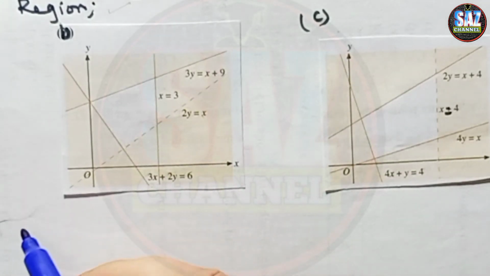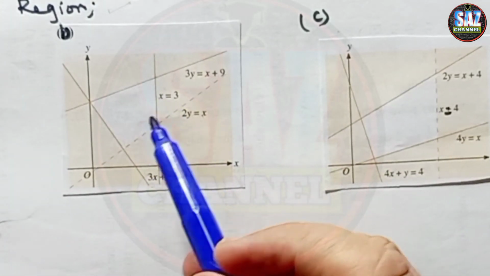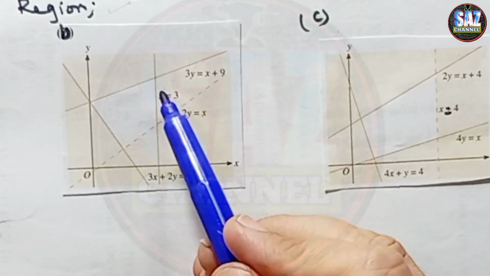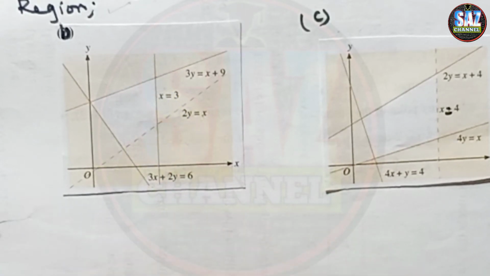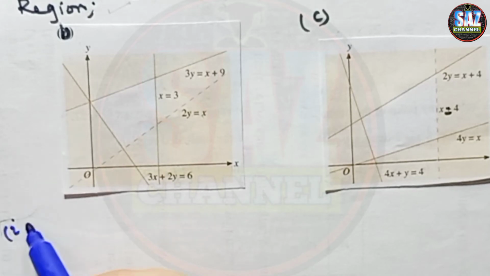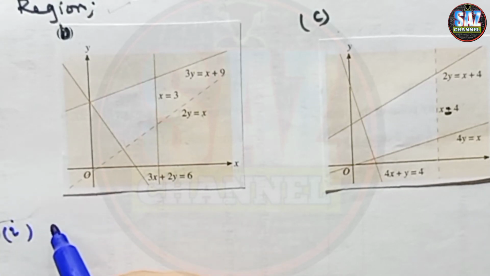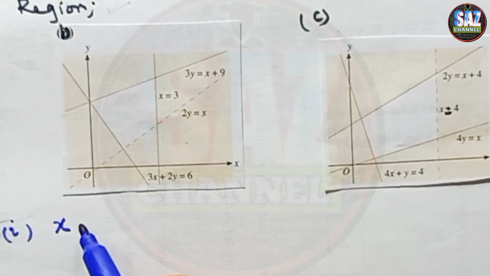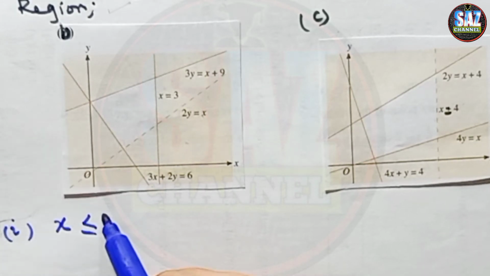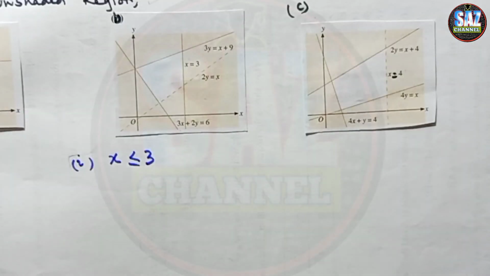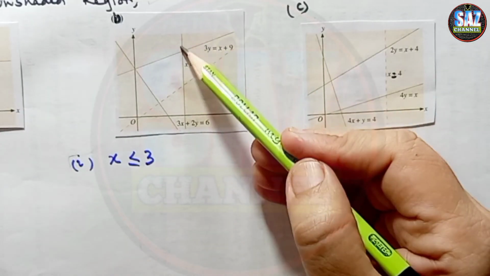So we need the values of x which are less than 3. The inequality defining this unshaded region will be x less than or equal to 3.